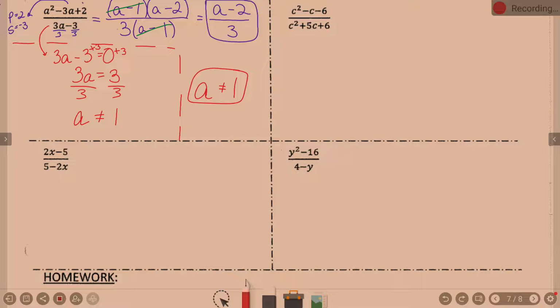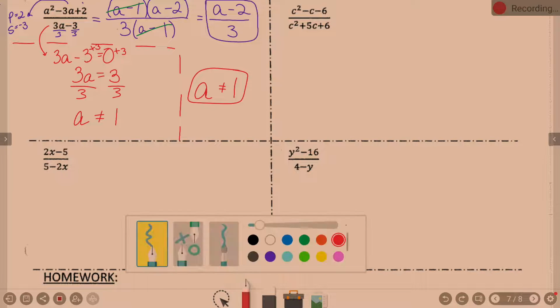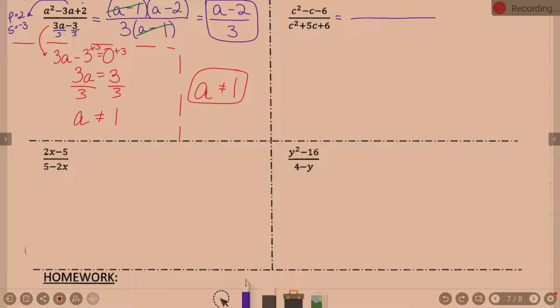Okay, next example. Do the factoring, whatever it is called. I call it product and sum. There very well could be a better name for it than that, but I just call it product and sum. Okay, do that. On top, she says we're going to do product and sum.